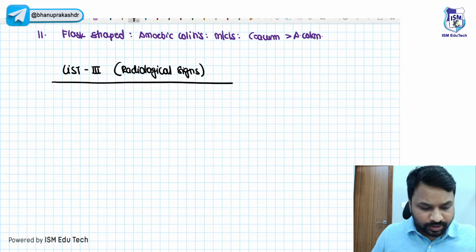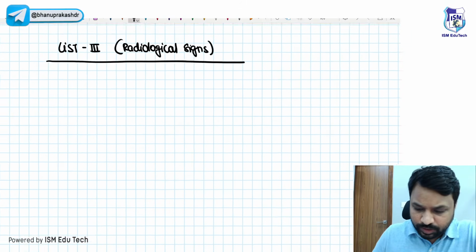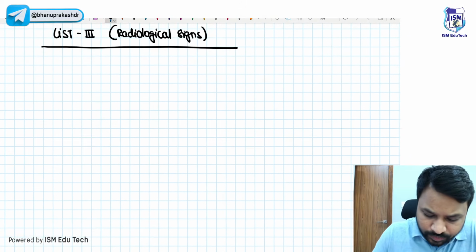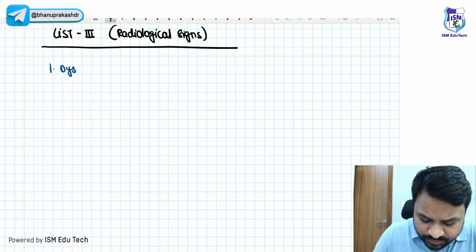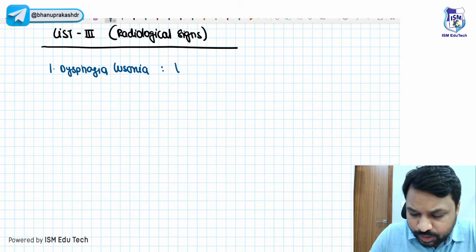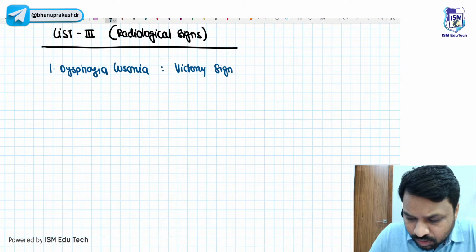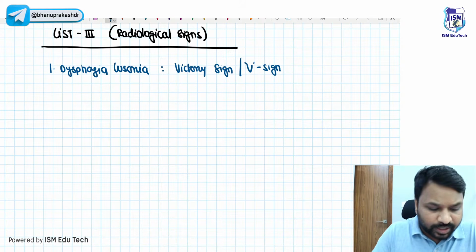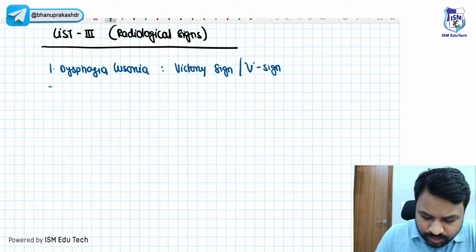When you look at the radiological sign, we'll tell you the disorder, and you tell me where you see it. Number one, dysphagia lusoria. In dysphagia lusoria on barium swallow, what do you see? You see either a victory sign or a V sign.